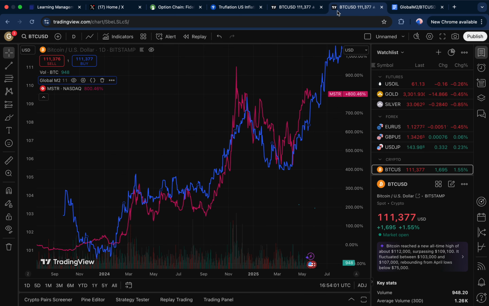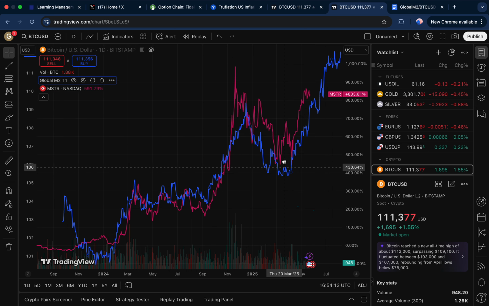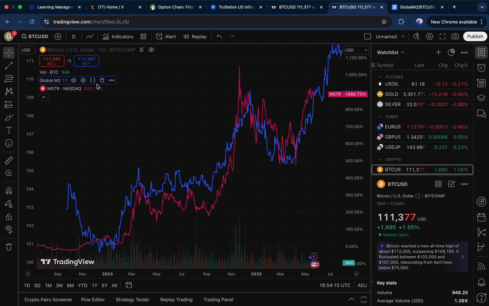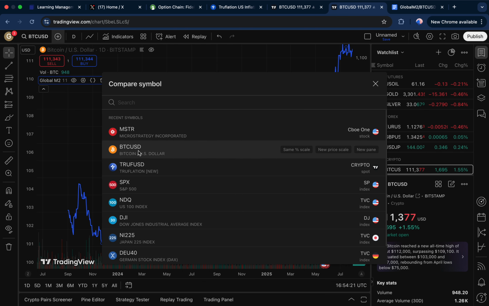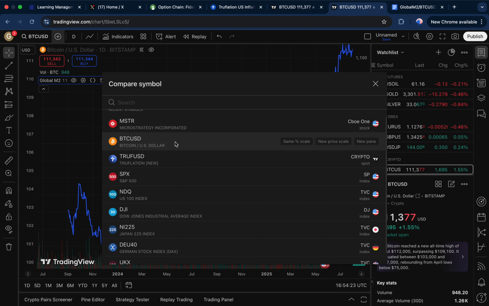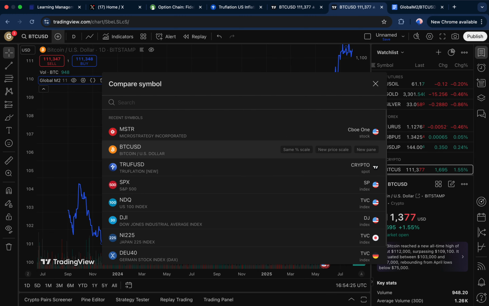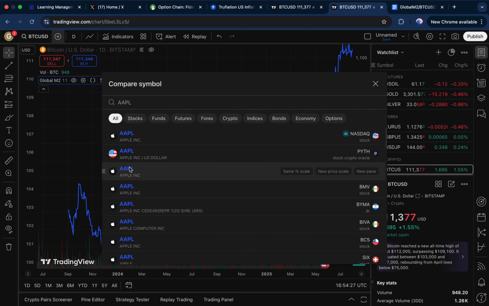I did a separate tab just because I didn't want to mess with this. But you can go, like, I have MicroStrategy overlaid with it, and you can play around with the graph. You can delete this and then go in, and I could do Apple.